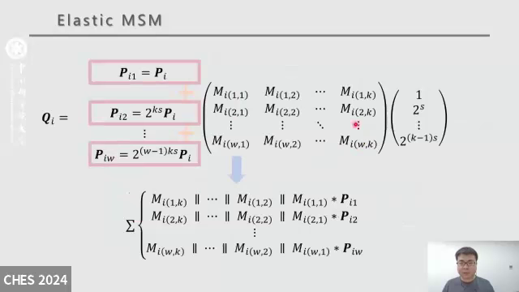Okay, let's see the right part. This is a matrix multiplication, so this is equivalent to these scalars. So overall, the Q_i can be expressed as the sum of these points.